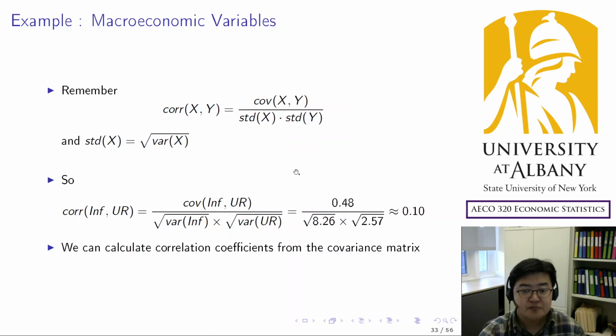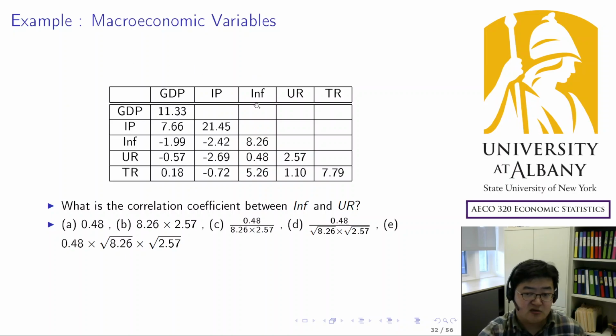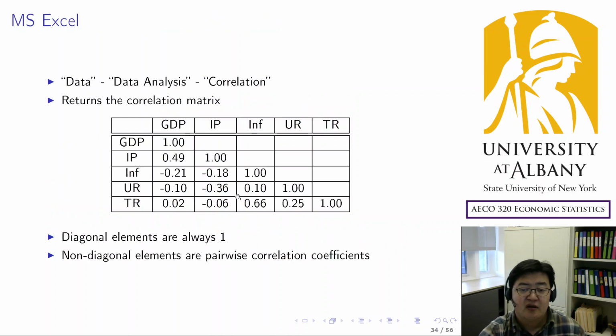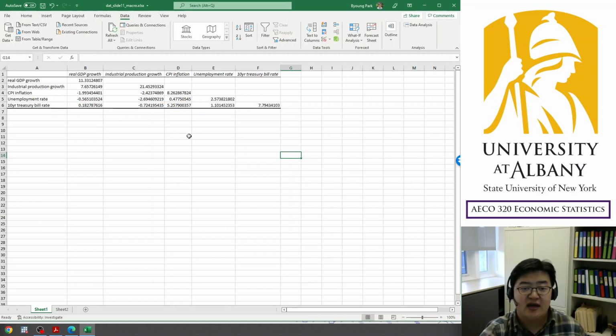Okay, so I explained it, and as a result, you can calculate the correlation coefficient based on this matrix. And if you do that for each entry, you can transform all the entries into the correlation coefficient. Then it will return the correlation coefficient matrix. Correlation matrix. You can do the same thing on Excel.